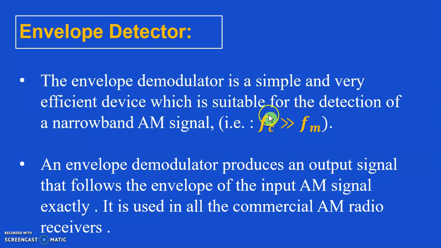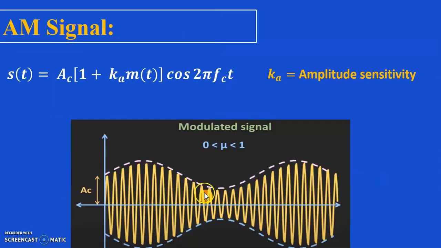So the carrier frequency fc is much higher than the bandwidth of the modulating signal or the message signal. That's what we mean by a narrowband AM signal. An envelope demodulator produces an output signal that follows the envelope of the input AM signal exactly. It is used in all the commercial AM radio receivers.